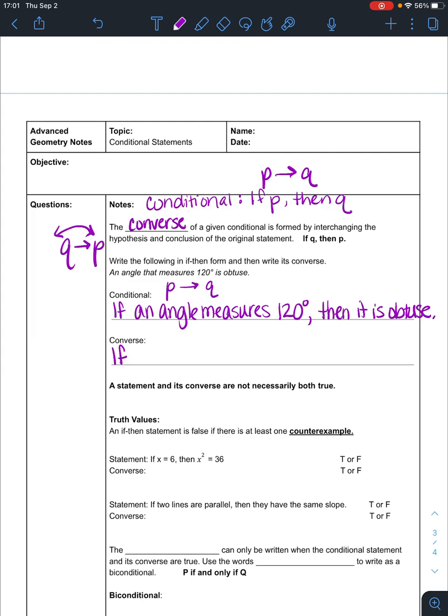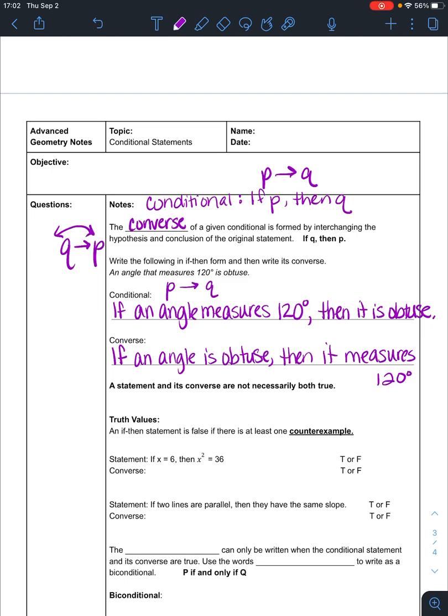But let's clean it up so that it sounds better, while we still switch the concepts, right? If an angle is obtuse, then it measures 120 degrees. So you see what I did?